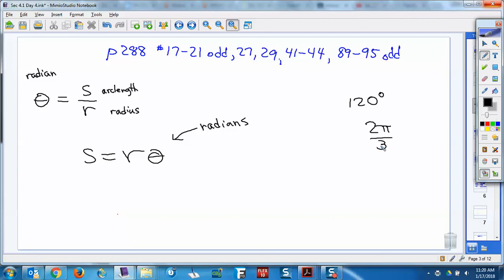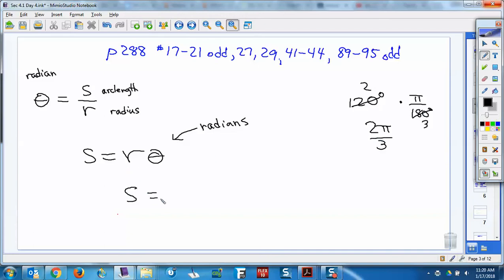So when I see 120, I know that's two of those, so it's 2 pi thirds. But the way we talked about it was to multiply by pi over 180 and then reduce. Same thing. I go back to this pi over 180. I don't use it as much, but it's fine if you do that. So that's 2 pi thirds.